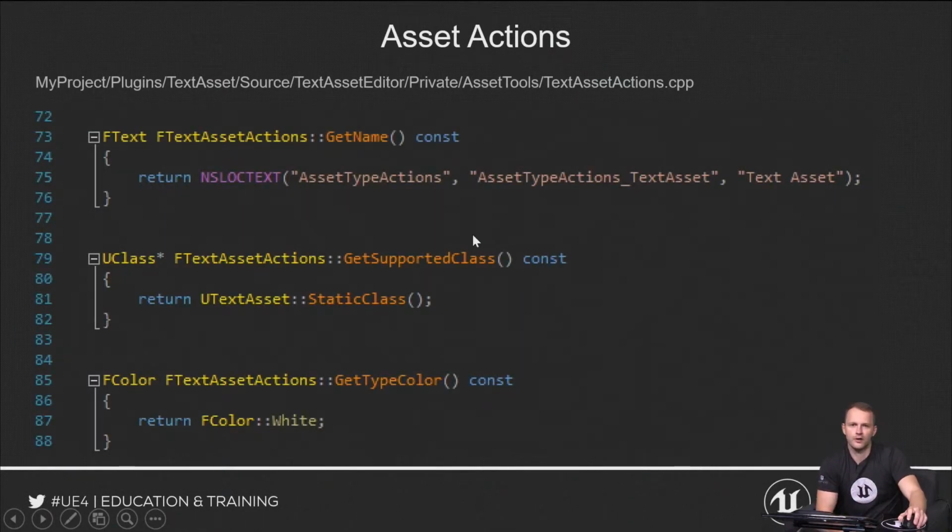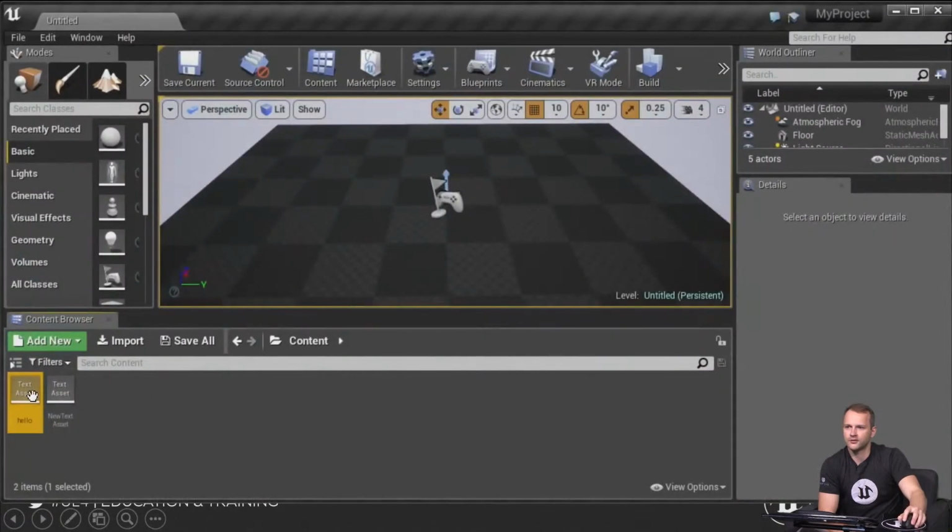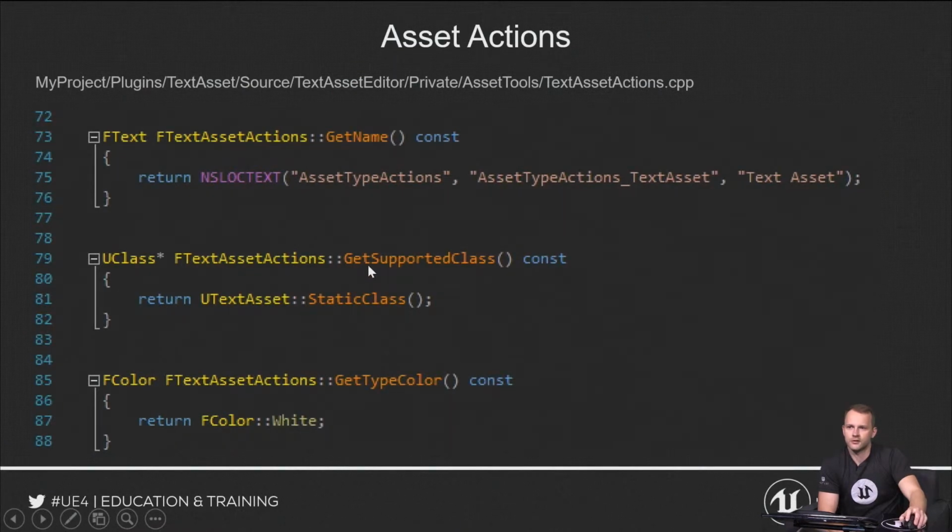Here are three of the more simple ones. GetName is what returns the name of the asset. And that's really, again, the text string that is shown inside the thumbnail right here. In this case, it's just Text Asset. There's also a function called GetSupportedClass, which tells the editor that this asset action implementation is meant to be used for the UTextAsset class.